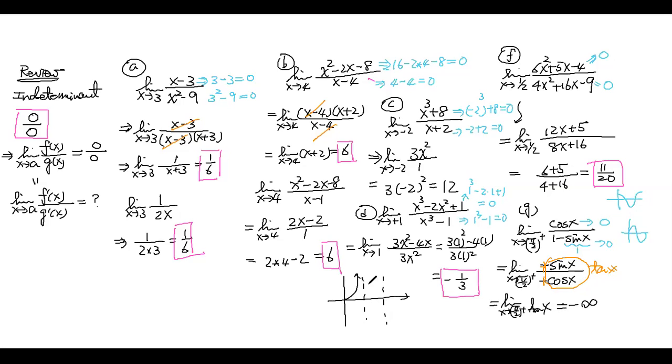So this is my tangent graph, and this is pi over 2. When you approach pi over 2 from the right-hand side, you approach from this side. So that's why it gives you negative infinity here. All right? So be very careful about that. Okay, now let's go to the next page.